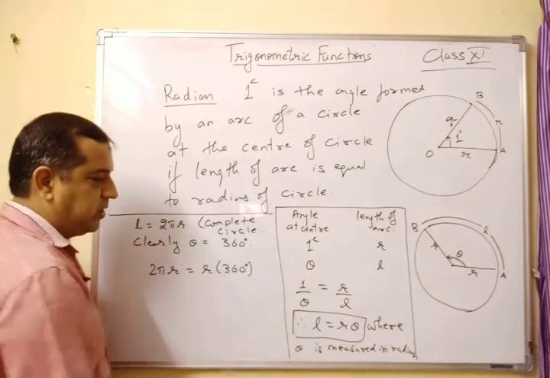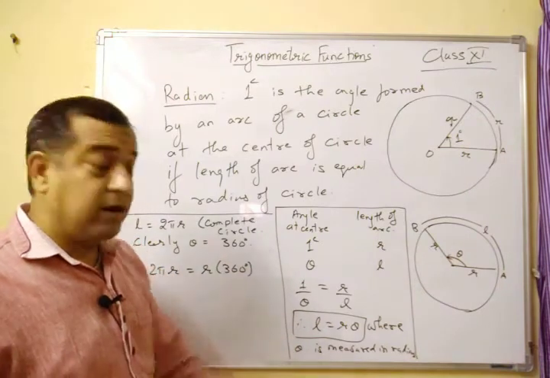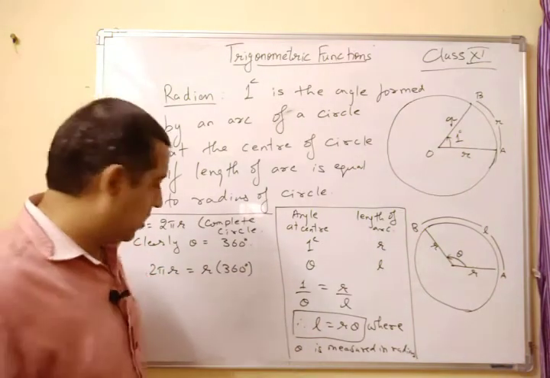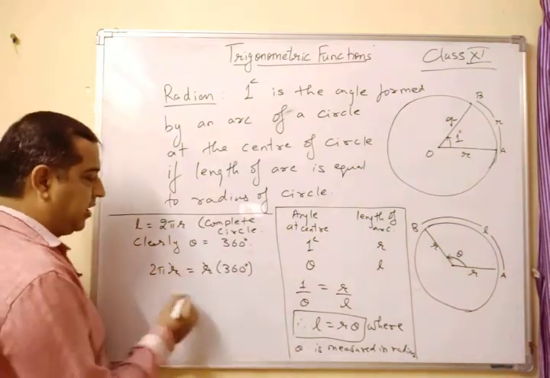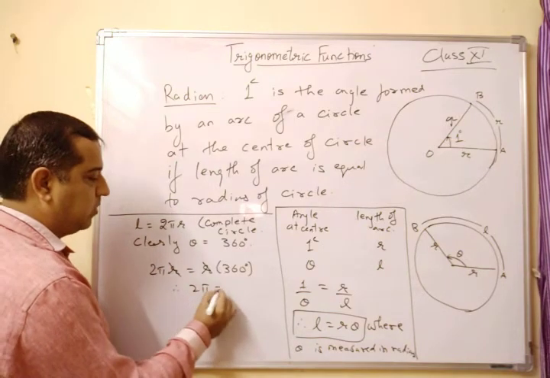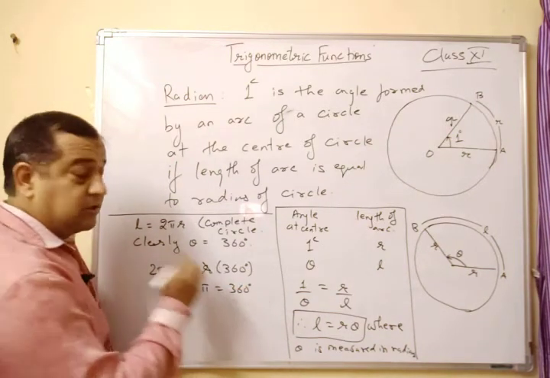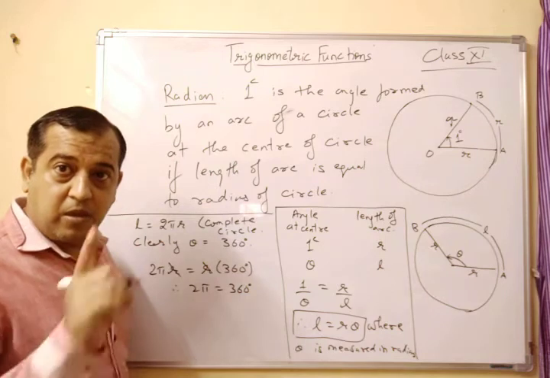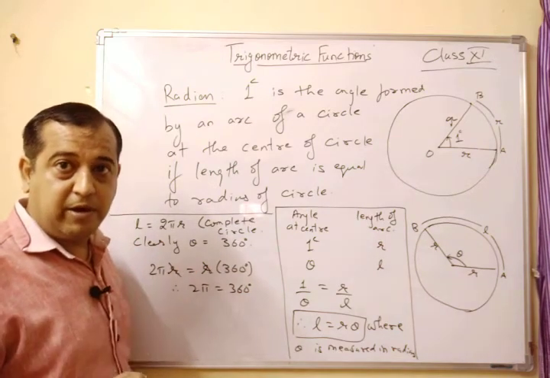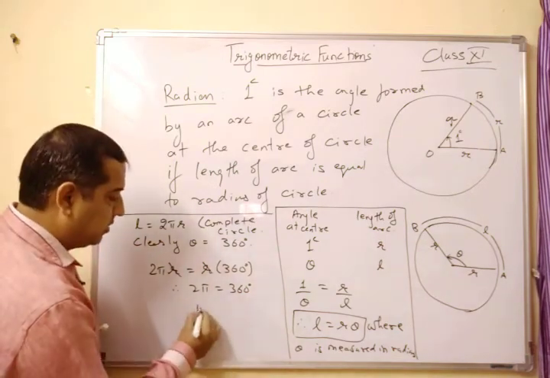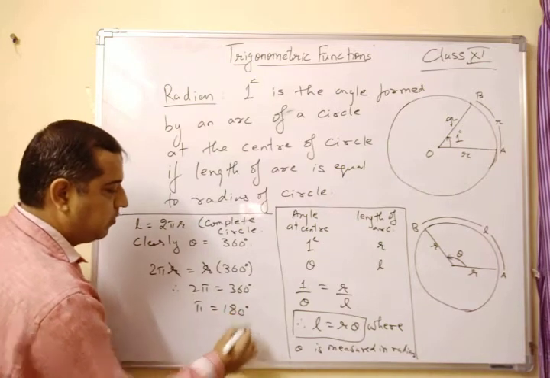Now your question will be, sir, here we have written that theta should be measured in radians. I know that. Okay, this r and r get cancelled. Therefore, what do you get? 2 pi is equal to 360 degree. This is the relation between radian measurement and degree measurement. This can be better written in this way: pi is equal to 180 degree.